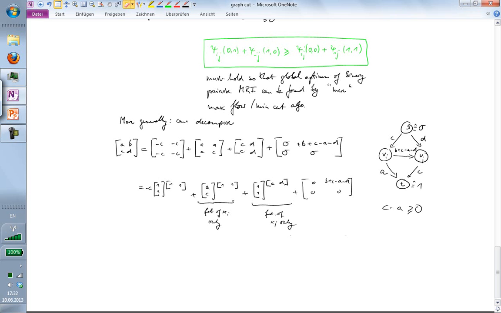If that is the case, then I can delete this edge here and give the one up there a capacity of c minus a. And similarly, if c minus d is non-negative, then I can delete this edge here and give this one a capacity of c minus d. And now we have the graph that we saw earlier on.